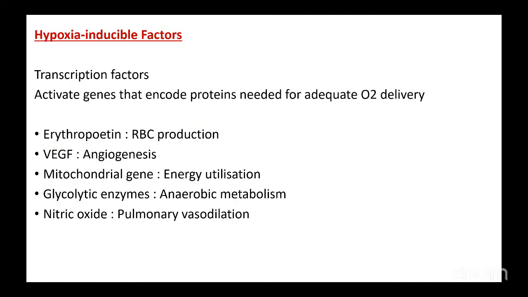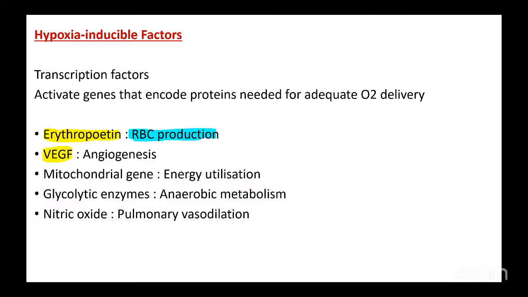So when hypoxia happens, there should be some sort of reaction by the body. One of the things that happens is hypoxia-inducible factors. Through a series of transcription factors, something we had talked about when we were talking about RBC erythropoiesis, we'll activate a set of genes that will activate erythropoietin for RBC production.